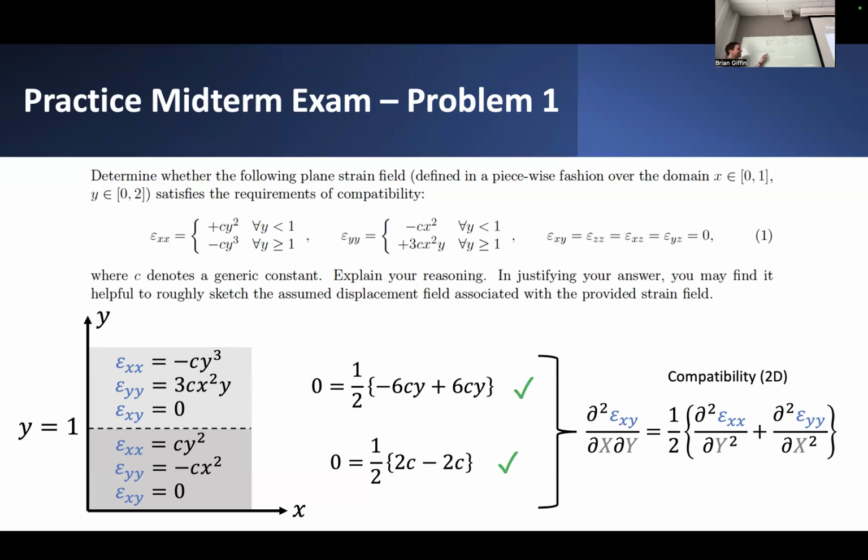If you're trying to obtain some generic expression for the displacement field, and I'm not giving you any other constraints to impose on what this displacement field looks like, should there be another term here? Yeah, there might be some kind of arbitrary function. In this case, it would vary with position x.